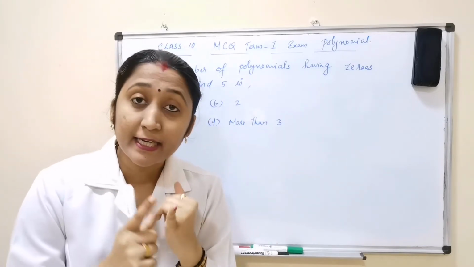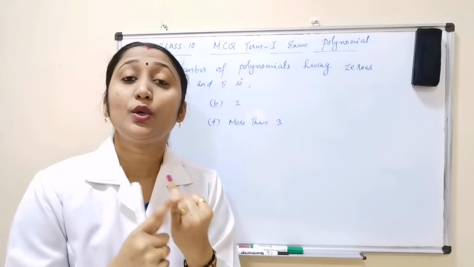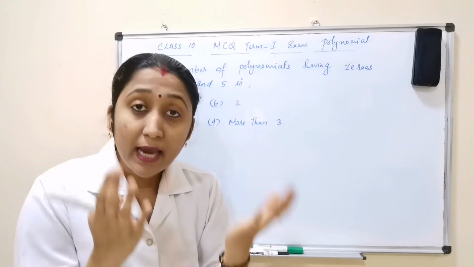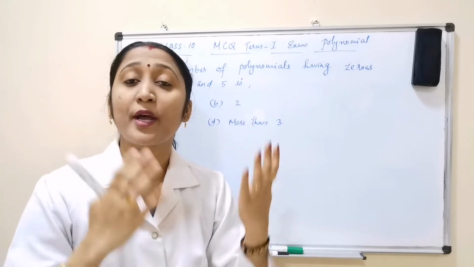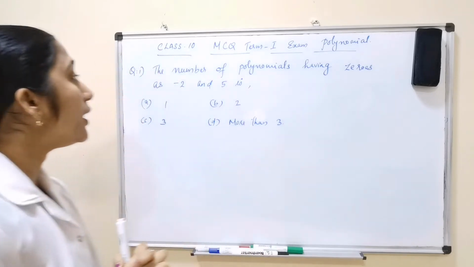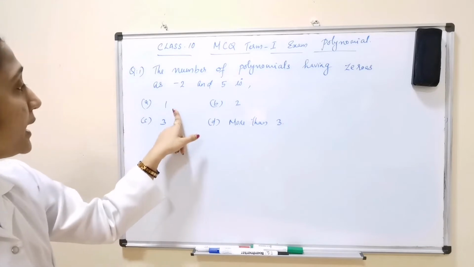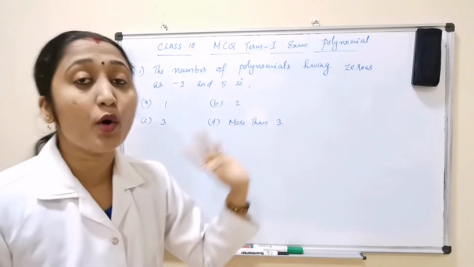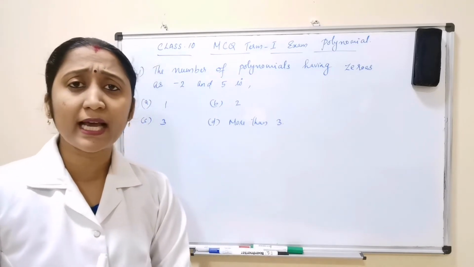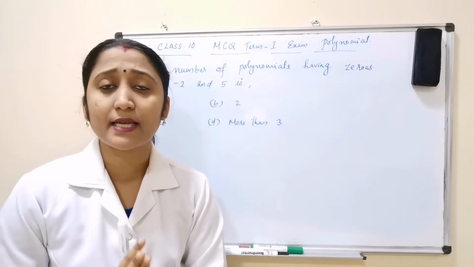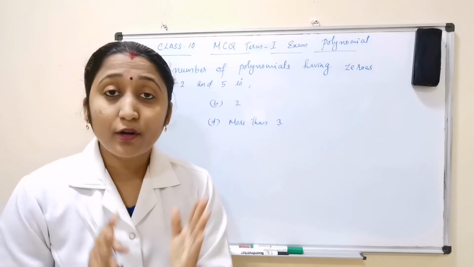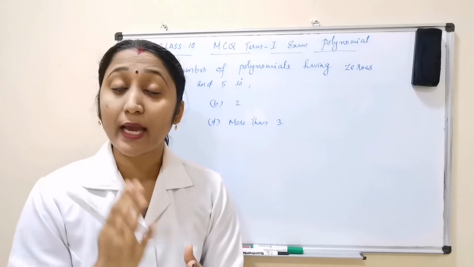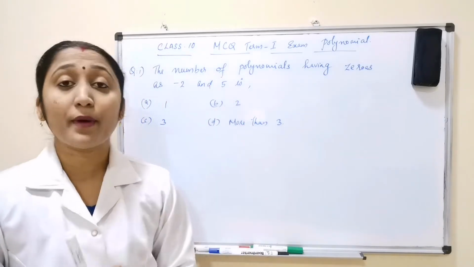That means -2 and 5 are the two zeros, and including these two zeros, how many polynomials can we make? The options are A is 1, B is 2, C is 3, D is more than 3. First of all, you have to understand the concept, then only you can directly do these types of problems.